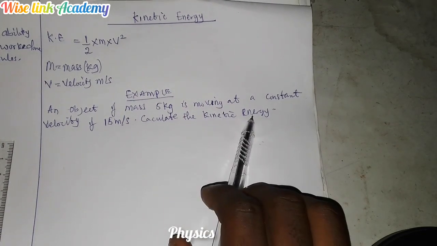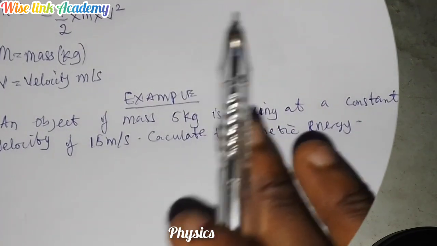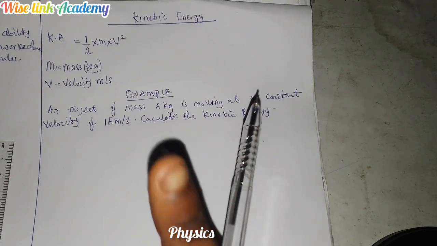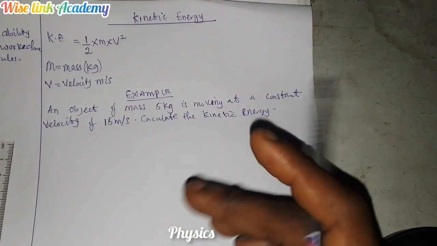Calculate the kinetic energy. It's a simple and basic concept. What you need to know is your formula and apply it. But I told you, before you solve any physics question, write out your parameters. What are you given?